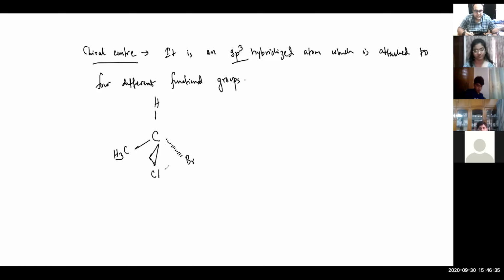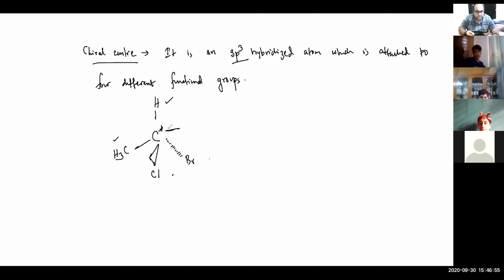So this carbon is linked to 4 different functional groups, all different from each other. Then we can call this a chiral center. Sir, is the chiral center always a carbon atom? Yes. This carbon is a chiral center. Why is it a chiral center? Because it's linked to 4 different functional groups.